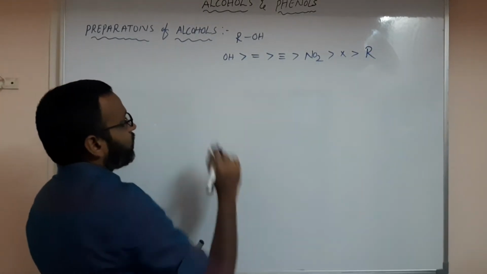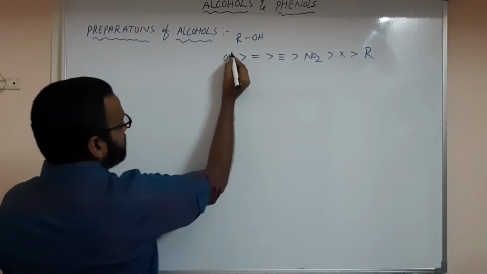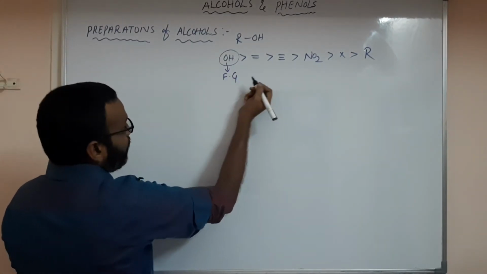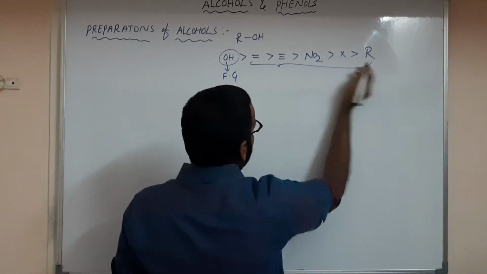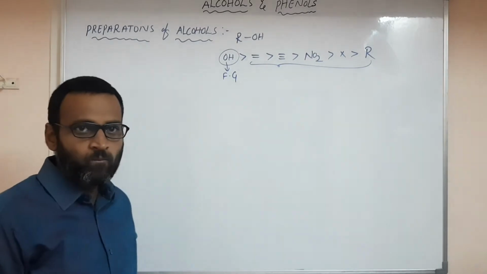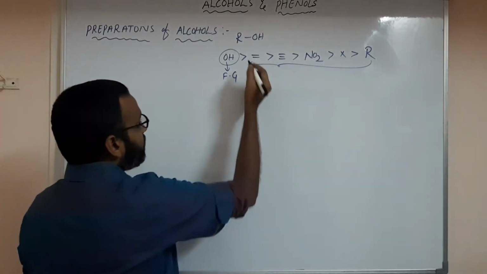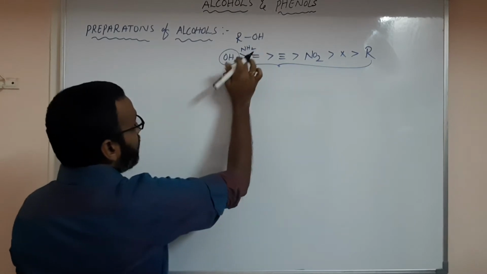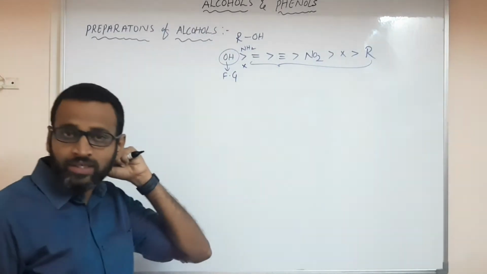So why am I giving this? This particular OH group will be a functional group when the carbon chain consists of any of these. And before this in the middle you will have NH2 also. OH has more priority than amine actually.